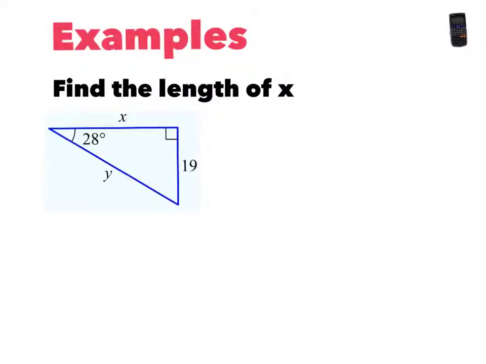Last example, let's label my sides. Here's my angle, which makes that the adjacent, that the opposite, and that the hypotenuse. I'm asked to find the length of x. Remember, x, not y. I've put a y in this question just to trick you. Now I've been given my opposite and my adjacent.